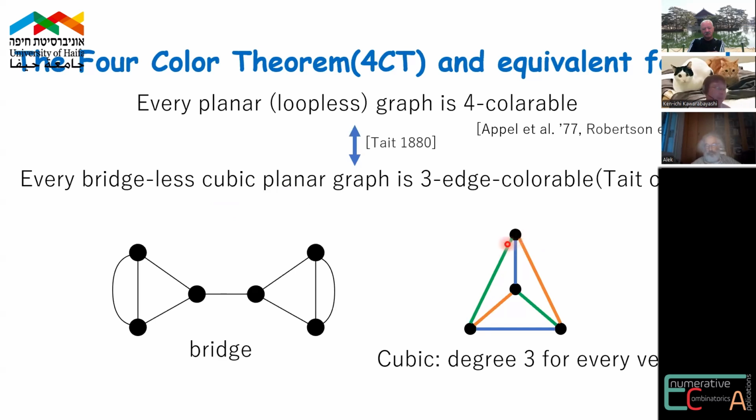The point is that because we are talking about cubic graphs, which means that every vertex has degree 3, you really need 3 colors for an edge coloring. The question is when you can color with only 3 colors. That's the more interesting part. And Tait basically said that the four color theorem is equivalent to showing that every bridgeless cubic planar graph is 3-edge colorable.